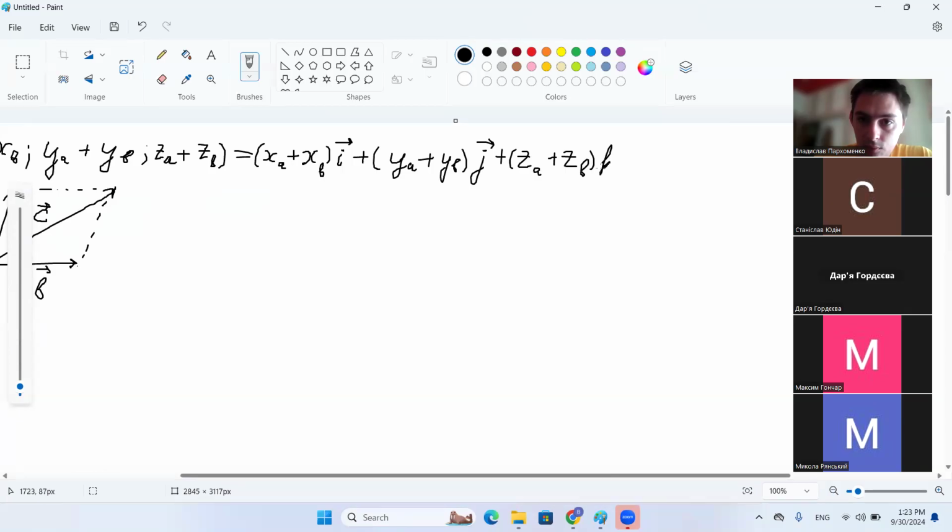And what do these vectors mean? Who remembers from lectures?